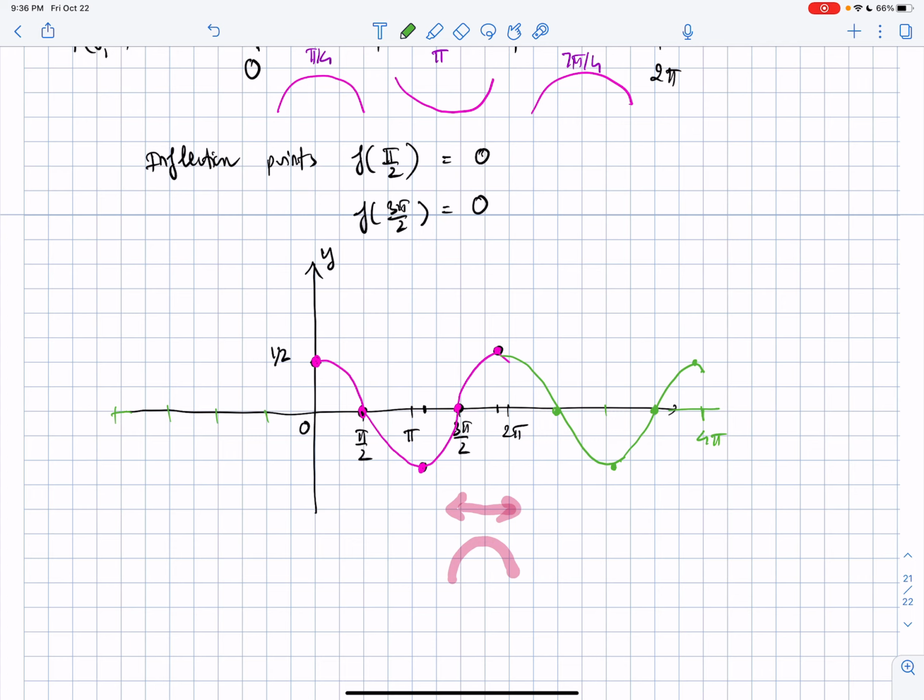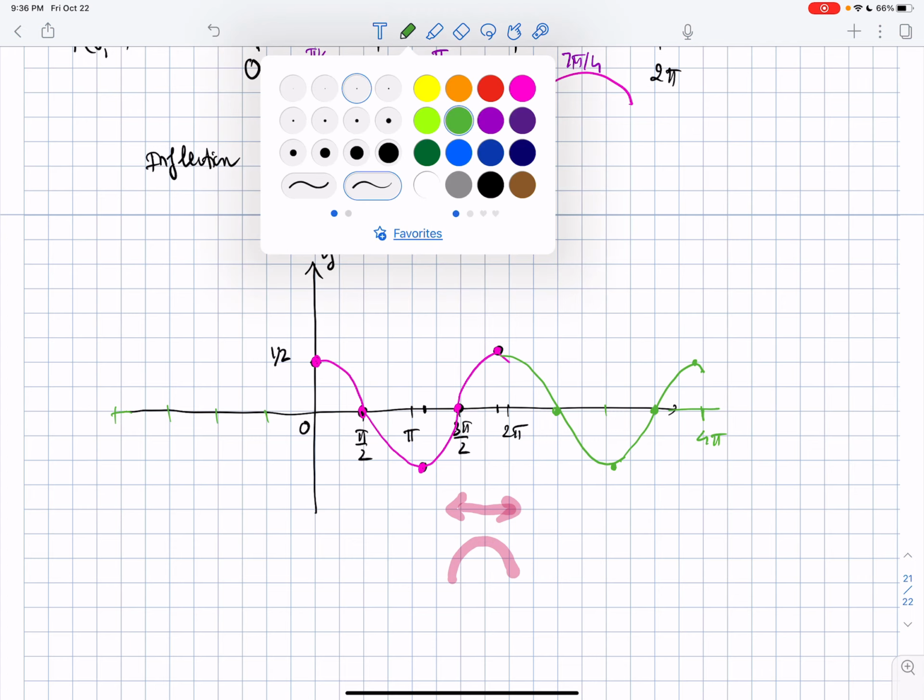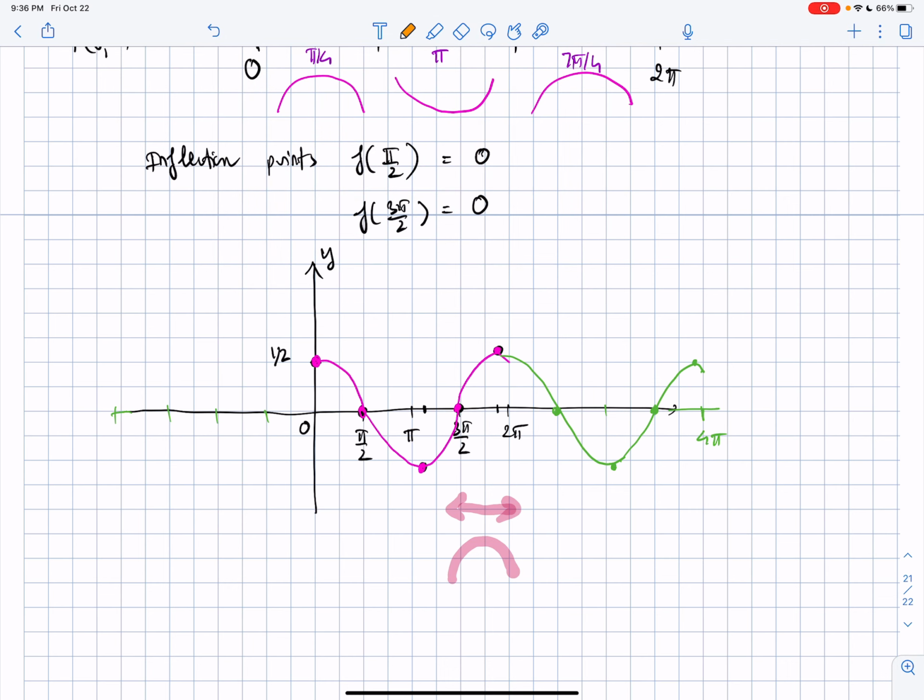Okay, and then do similarly for the left hand side. So you can do from here and then pass this like this. Like that, right? Okay, so we've completed the graph.